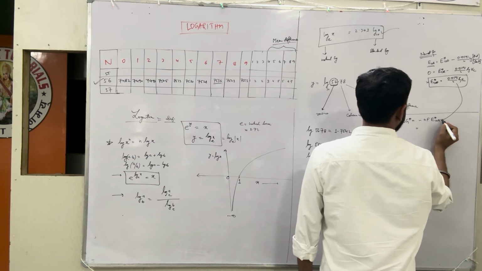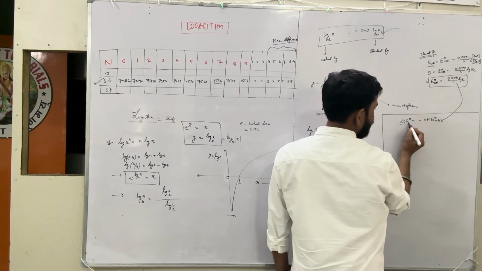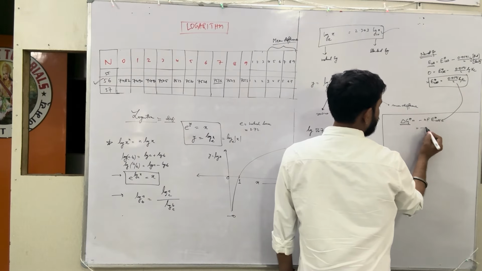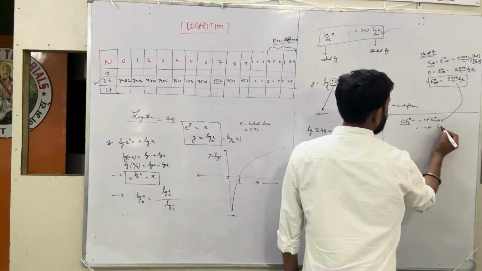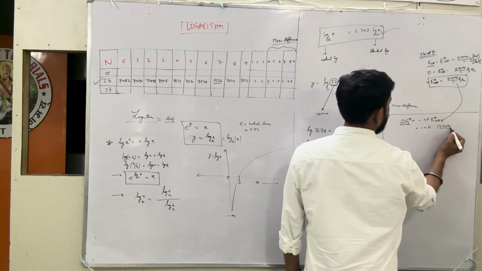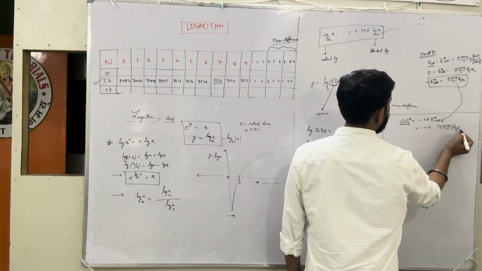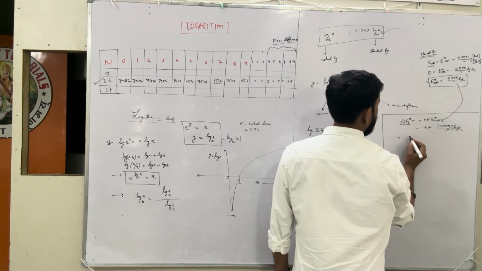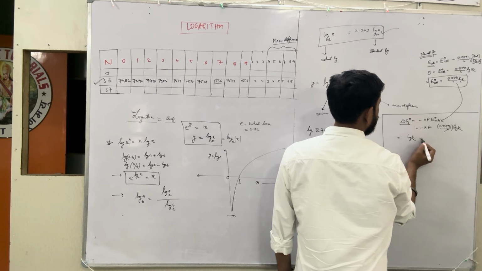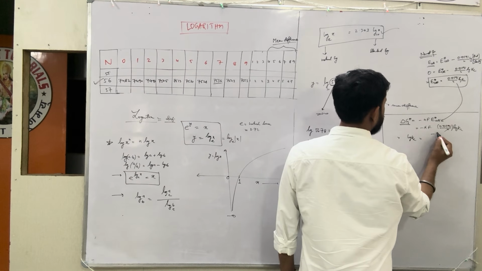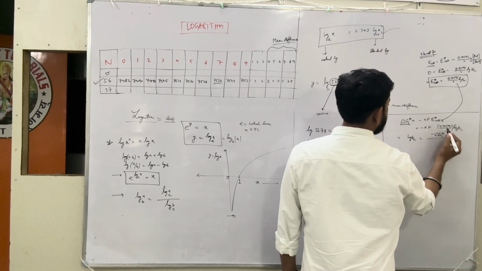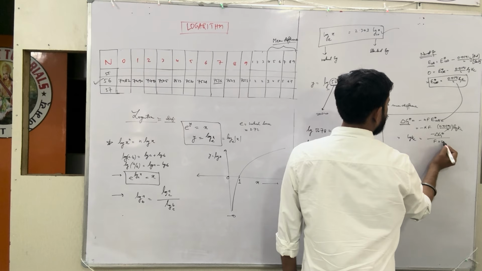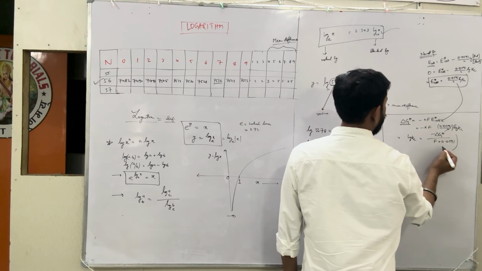Now when you put this value here, delta G, the standard Gibbs free energy, becomes minus nF times 0.0591 by n log Kc. So n gets cancelled. You have log Kc equal to minus delta G standard divided by F into 0.0591.